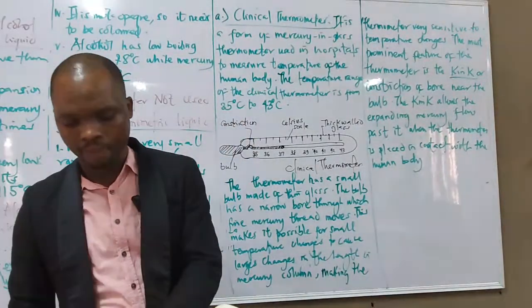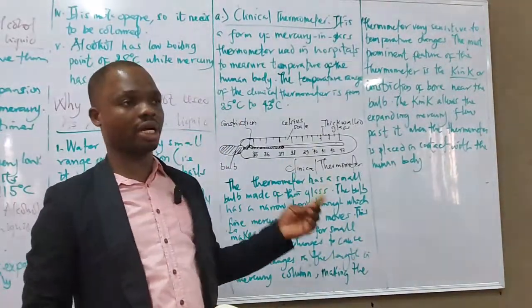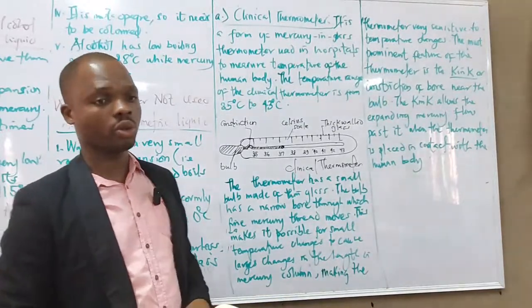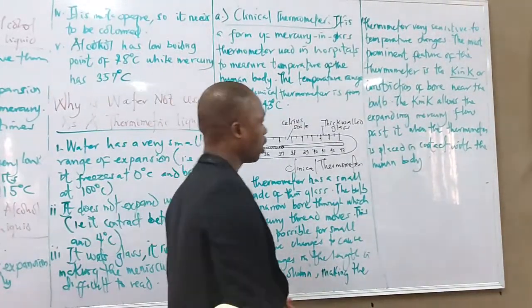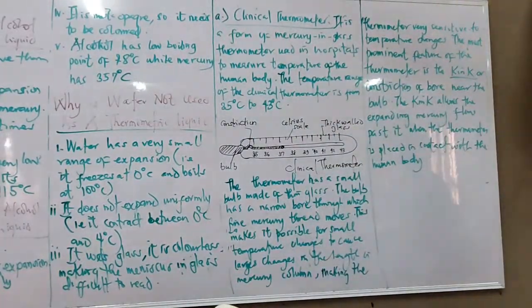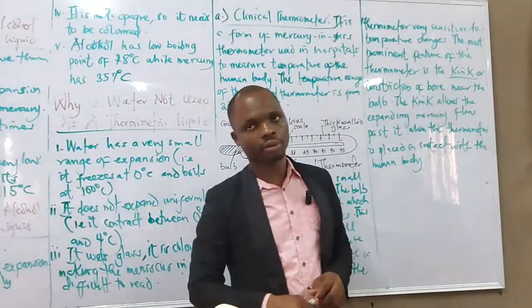Another type is also the laboratory thermometer, which is quite different from the clinical thermometer too. But the major ones we talk about are the clinical thermometer and the six maximum and minimum thermometer.